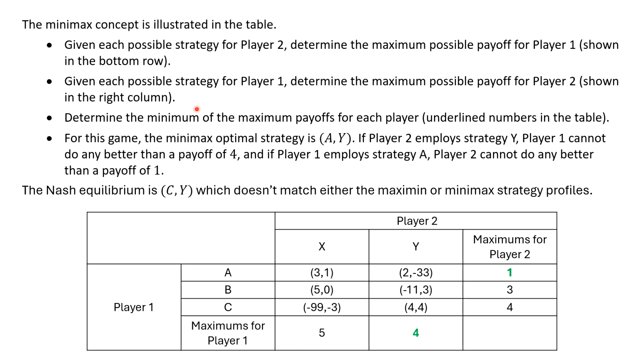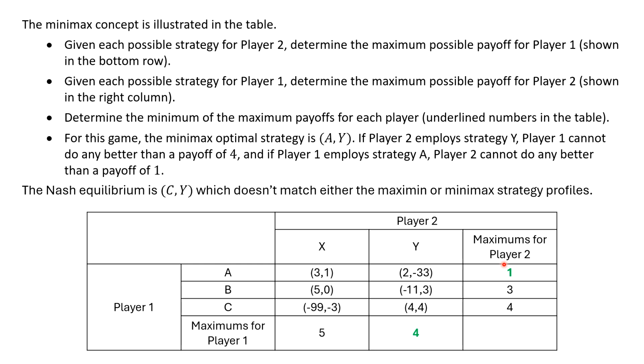Then we do the second step here. Given each strategy for player 1, determine the max payoff for 2. So if player 1 plays A, the max for 2 would be 1. If player 1 plays B, the max for 2 would be 3. And if player 1 plays C, the max would be 4.